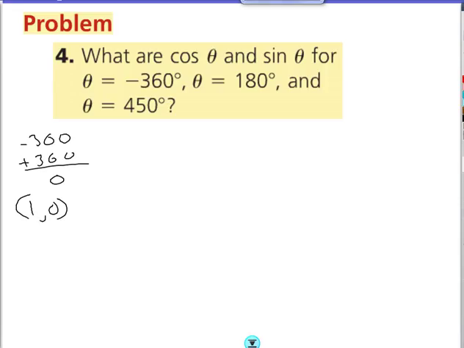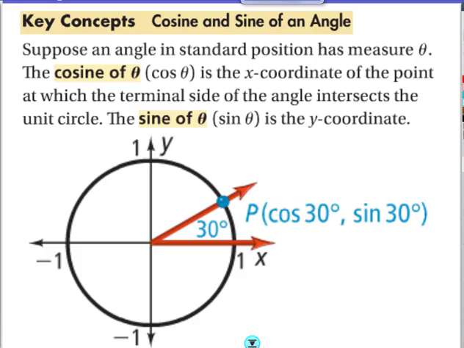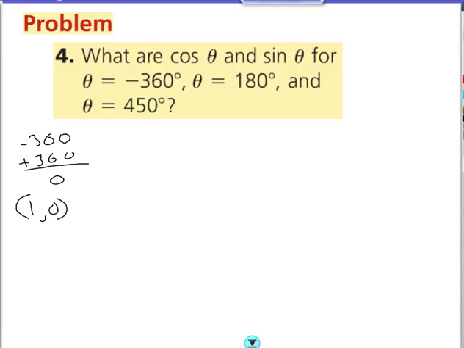Right? What does the first coordinate represent? Cosine of the angle. And the y coordinate represents sine of the angle. Now here's the thing. This is the part I'm trying to get y'all to comprehend. Negative 360 degrees has the same coterminal side as a 0 degree angle. Are you with me on that?